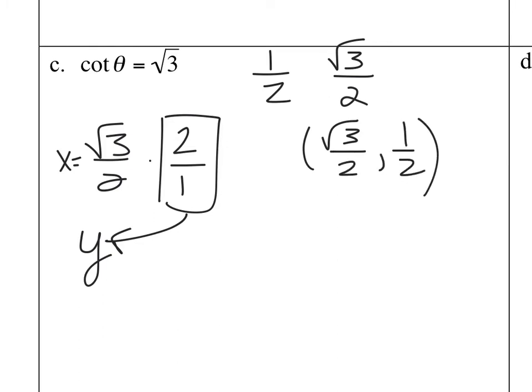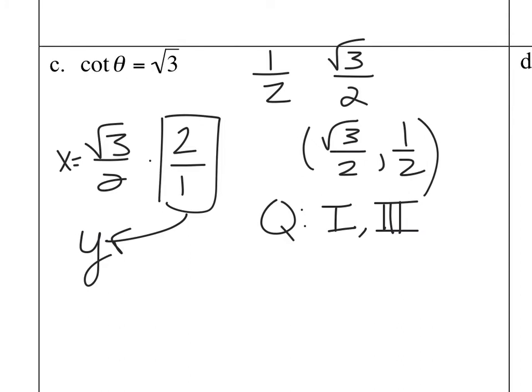So I need to know where that coordinate is, and where cotangent is positive. Quadrant 1, everything is positive. The third quadrant has both negatives. In the fourth quadrant cotangent is negative.